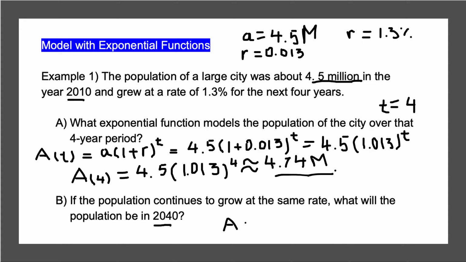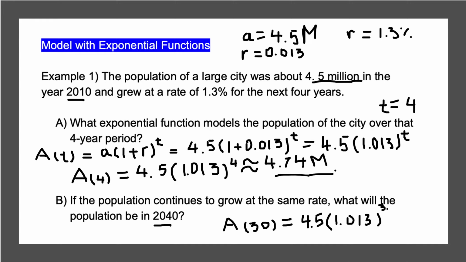Because there are 30 years, I substitute 30 for t, the time, because I'm checking how much the population grew in this city in 30 years. So 4.5 times 1.013, in exponent 30.